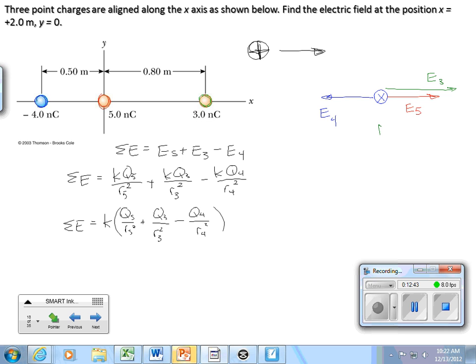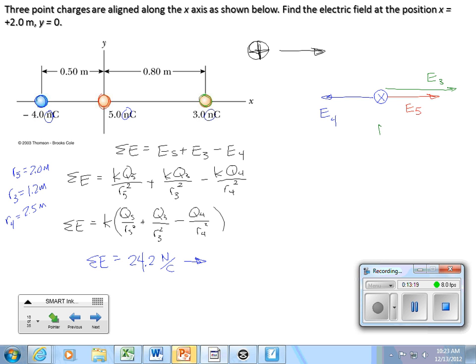I get that the net electric field is 24.2 newtons per coulomb. Just so we're sure, R5 is 2 meters. R3 is 1.2 meters. R4 is 2.5 meters. Notice these are nanocoulombs. Okay?